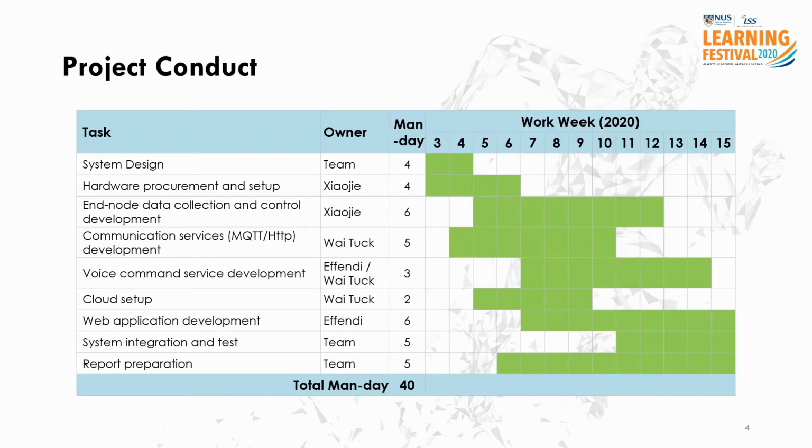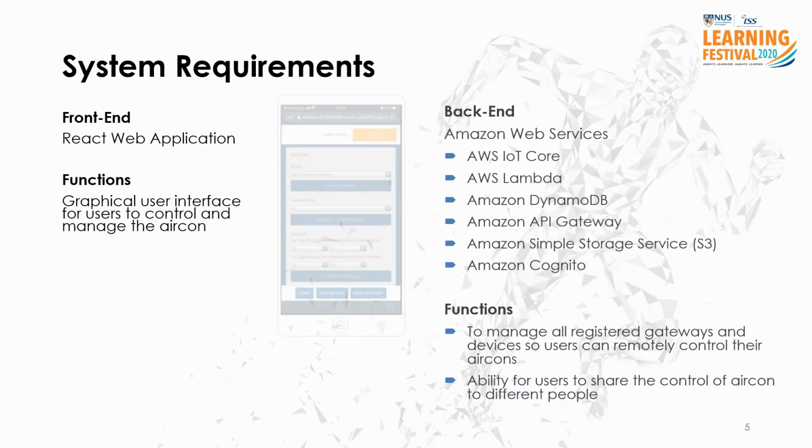As for the project schedule, here's the outline. In total, it took us around 40 man days to complete the project. For system requirements, we are using React as a front end. For backend, we're using Amazon Web Services functions such as IoT Core, Lambda, DynamoDB, API Gateway, S3, and Cognito.